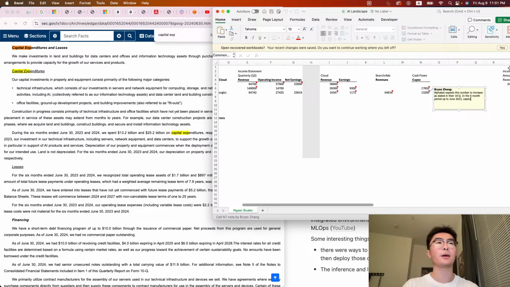Not revenues, CapEx spend was 13.2 billion. Okay.